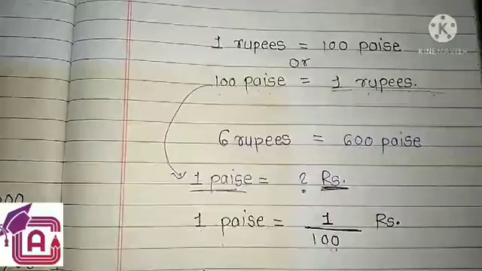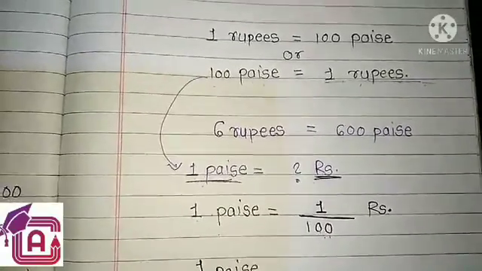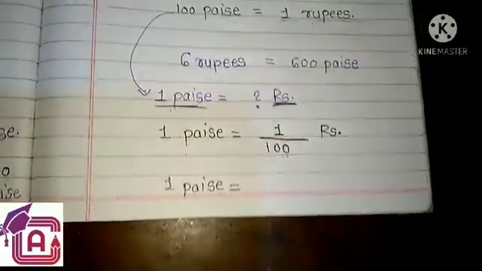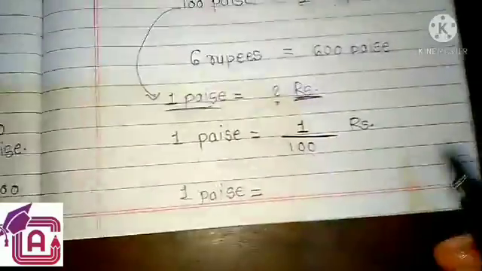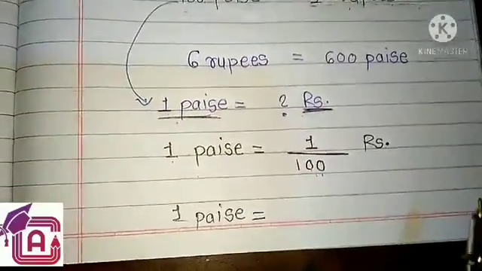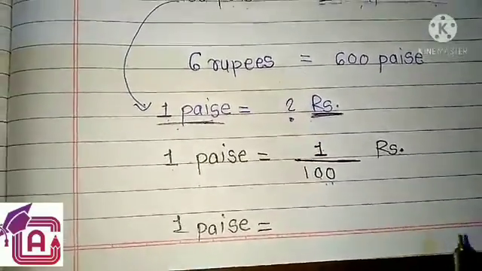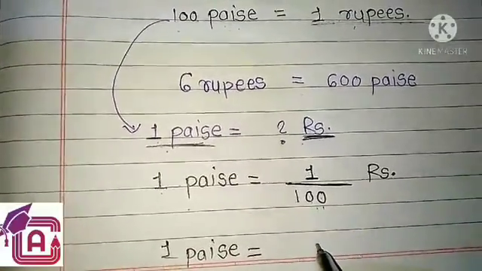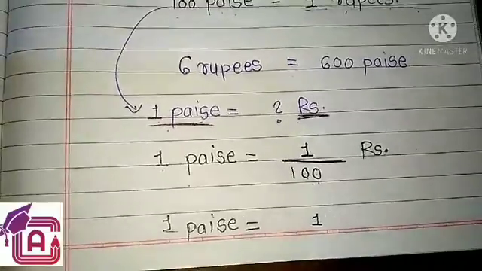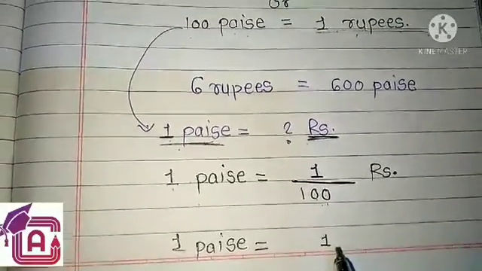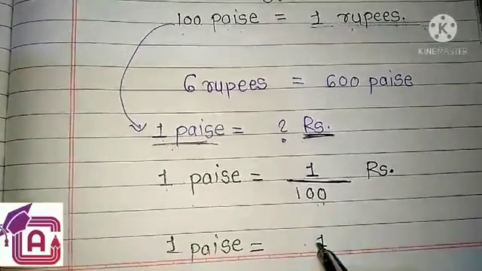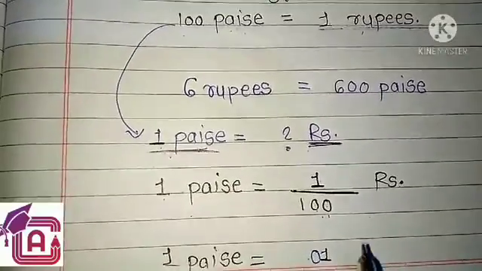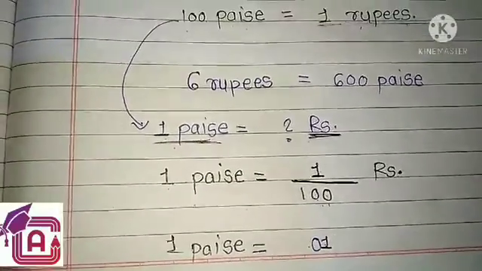1 paise is equal to 1/100 rupees. And how can you write it in a decimal point format? How many zeros are there? 1, 2. So first write the number, count the places. 1, another place is not there, so I am writing 0. 1, 2.